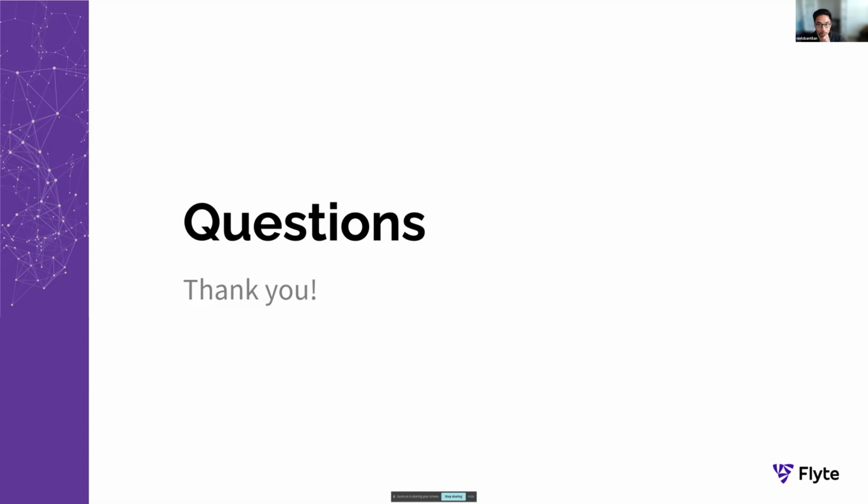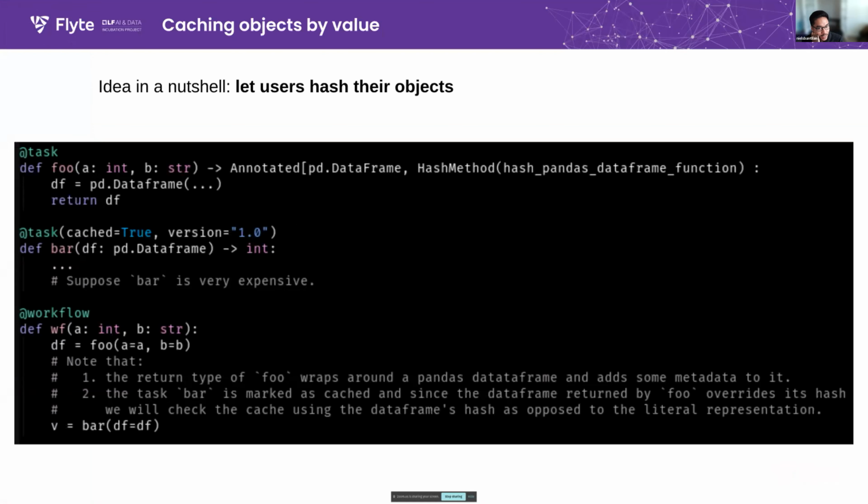Hey, Eduardo, I have a question. What's up? Yeah, if you go back to the previous slide, I like the syntax a lot. How does Flyte automatically analyze the fact that bar is taking the output of foo, and so will apply the type to the input? Yeah, that's a good question.